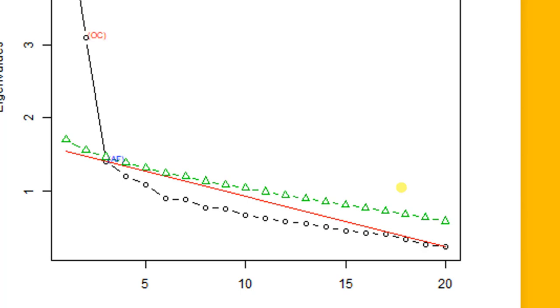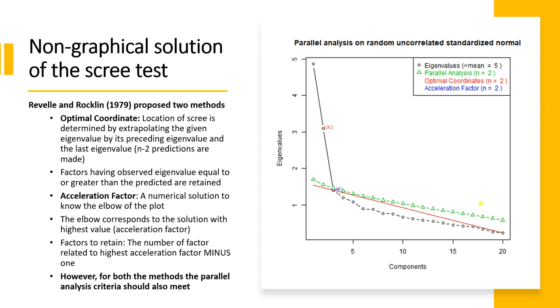Is it clear? If there is any lack of clarity, please do ask. I am again repeating that the acceleration factor is calculated. Suppose the first acceleration factor is 1, the second is 1.5, the third is, say, 2, and this is the highest acceleration factor.